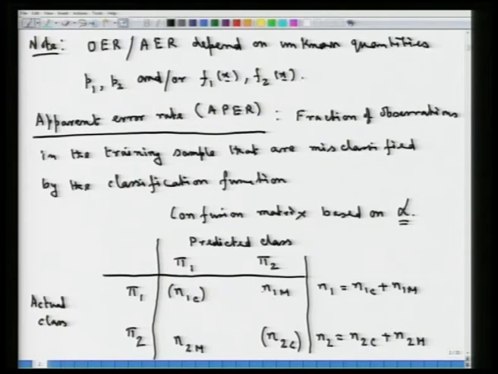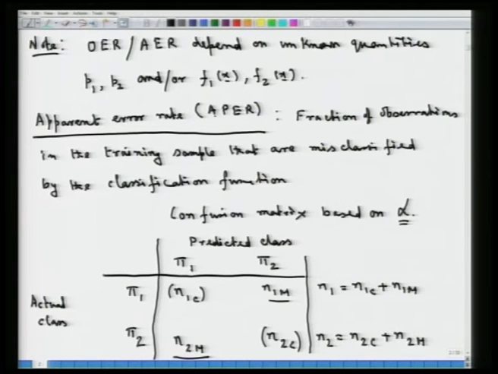Now, if this is what we get as the confusion matrix, which is derived when we have a particular classification function in place, then these N1M observations are misclassified coming from the first population, and these N2M observations are the number of observations misclassified coming from the second population.